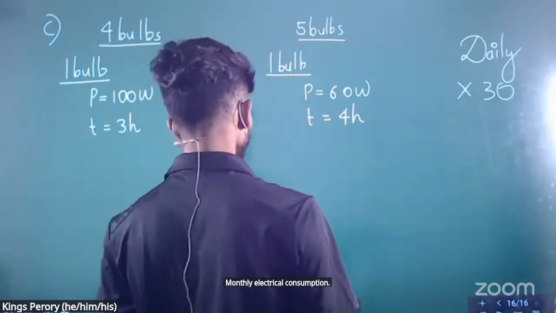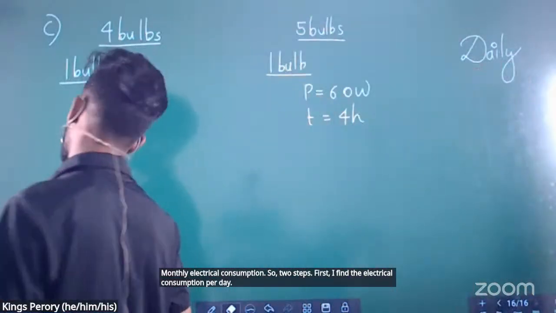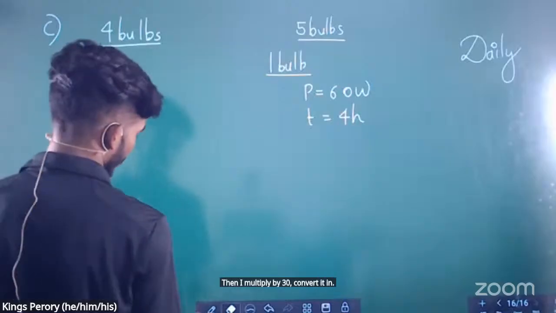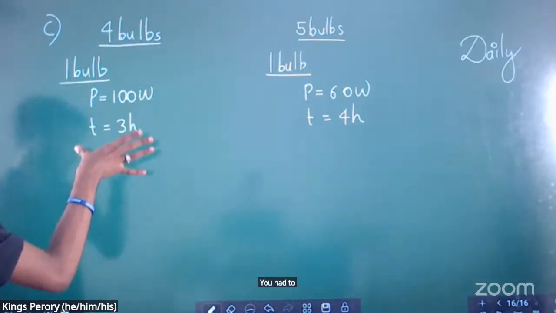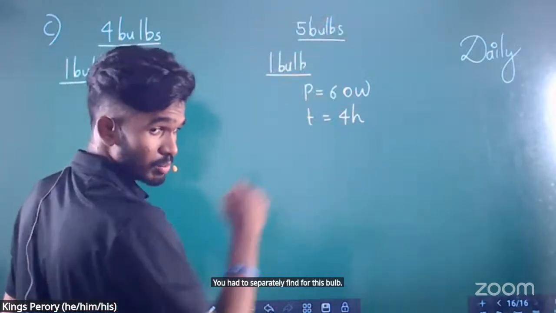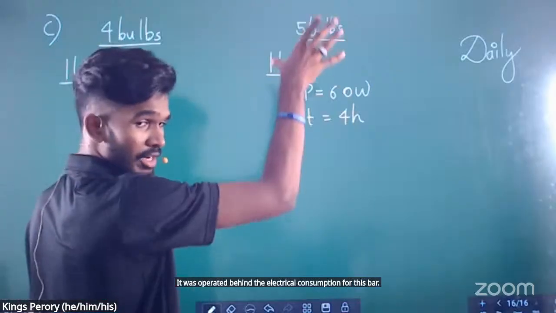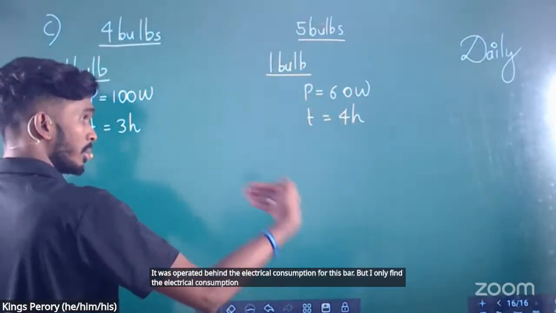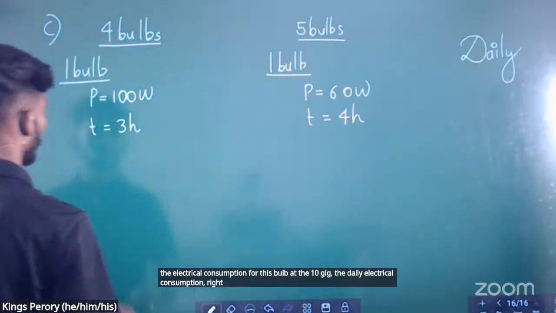So two steps: first I find the electrical consumption per day, then I multiply by 30 to convert it to a month. In that also there is an issue. You have to separately find the electrical consumption for this bulb, and separately for that bulb, add them, and get the daily electrical consumption. Right, we'll work it out.